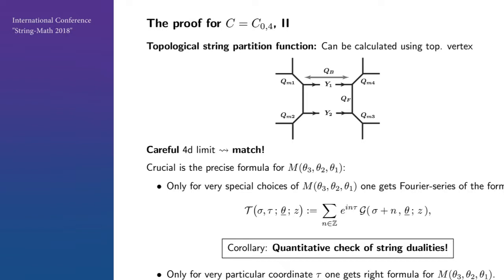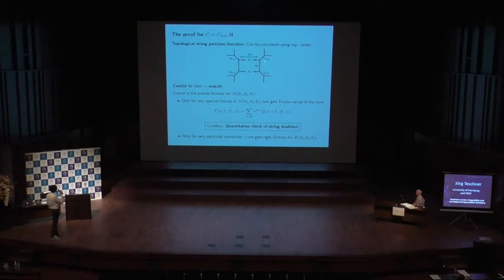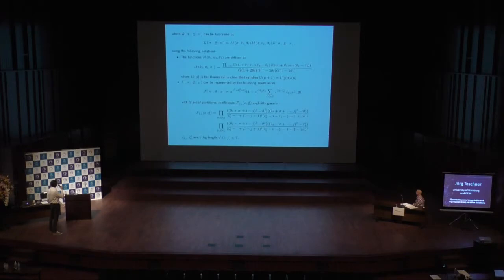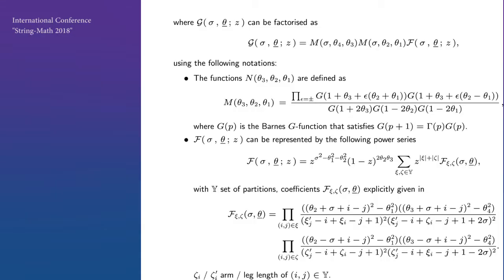What has received perhaps a little less attention is these prefactors here, for which some care is needed. So if you want to get it right from the topological vertex, you have to be a little careful that you get it right before taking the scaling or geometric engineering limit, and then you have to take the limit, which is a little tricky, but anyway, we did it, and in the end, it gives just what we have seen before with exactly these M's.